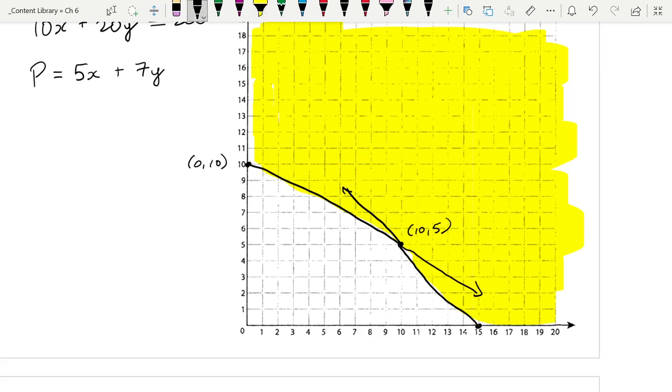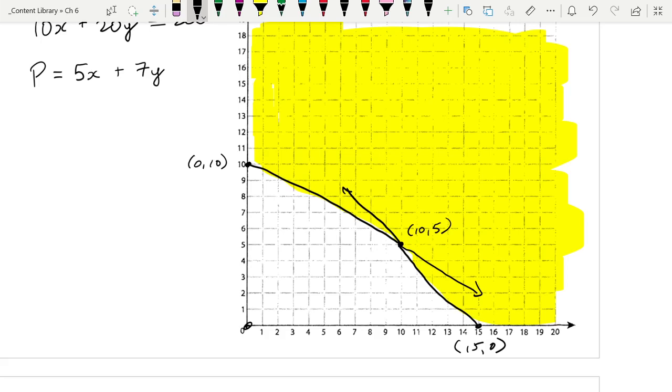Now, I didn't put this last point on. Let me label that. What was this again? This was (15, 0). So I know that my maximum profit will happen at one of those 4 dots. (0, 0) is a waste of time to even think about. Obviously, you get no profit if you put zeros in for X and Y. I don't know, does (0, 10) or (15, 0) have to be ruled out this time?